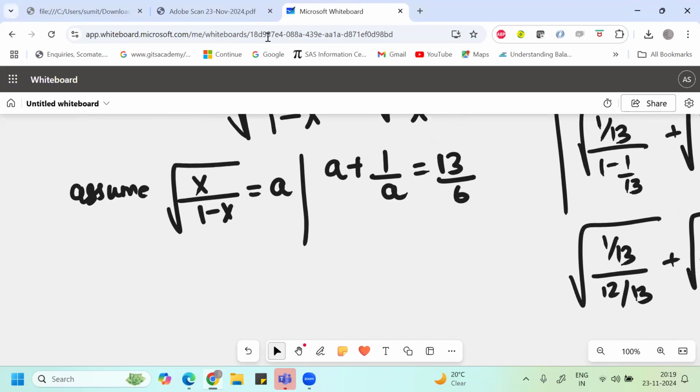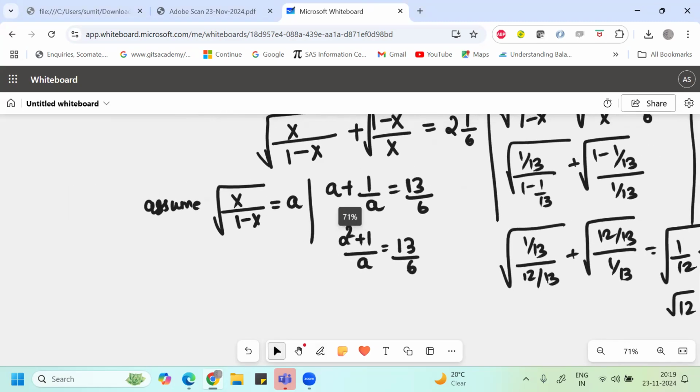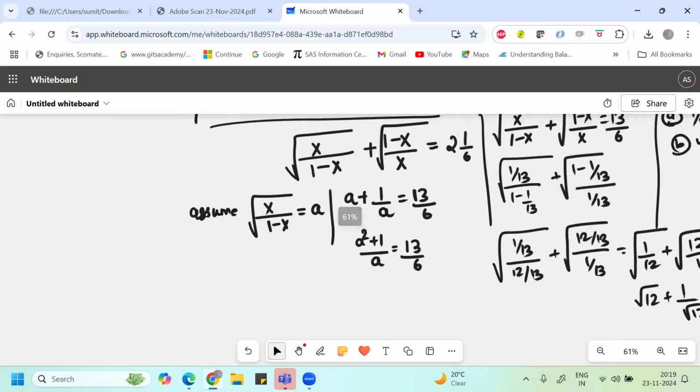So I can write a plus 1 by a is 13 by 6. Okay. So now what to do? Cross multiply. So 6a square plus 6 is equal to 13a.